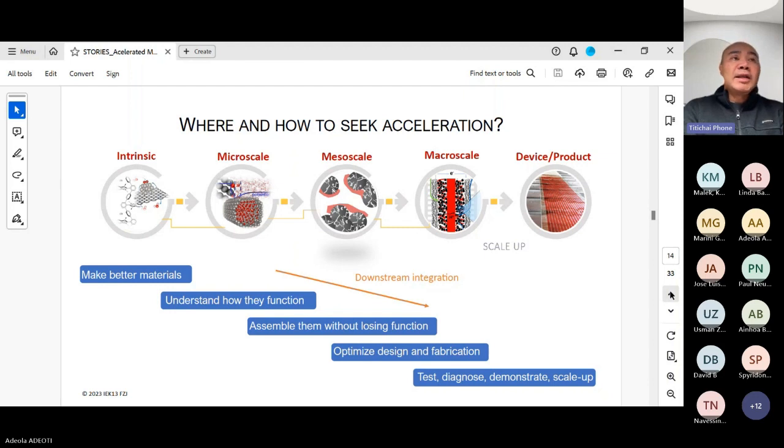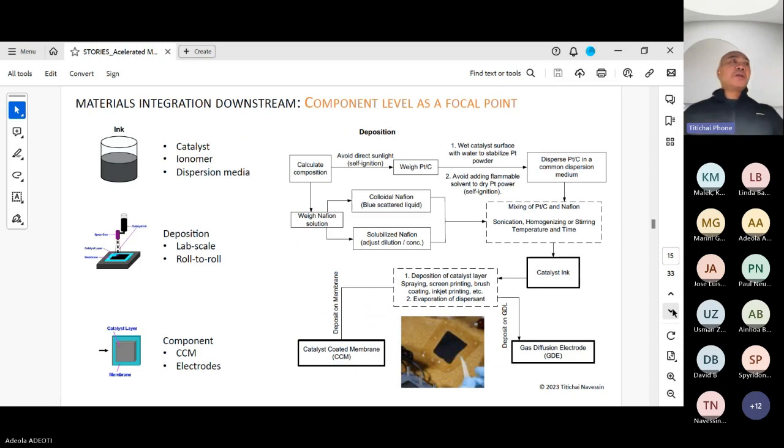So there are interplays between the intrinsic properties and the properties at different length scale here that we need to understand.